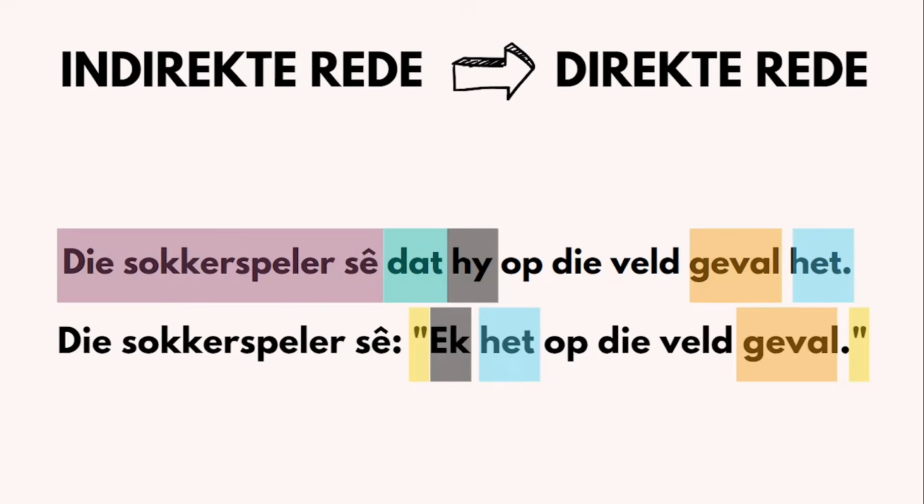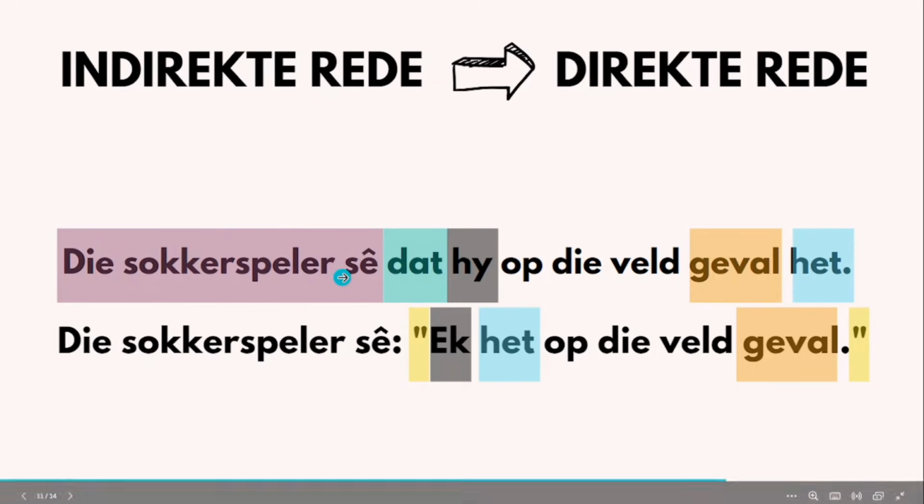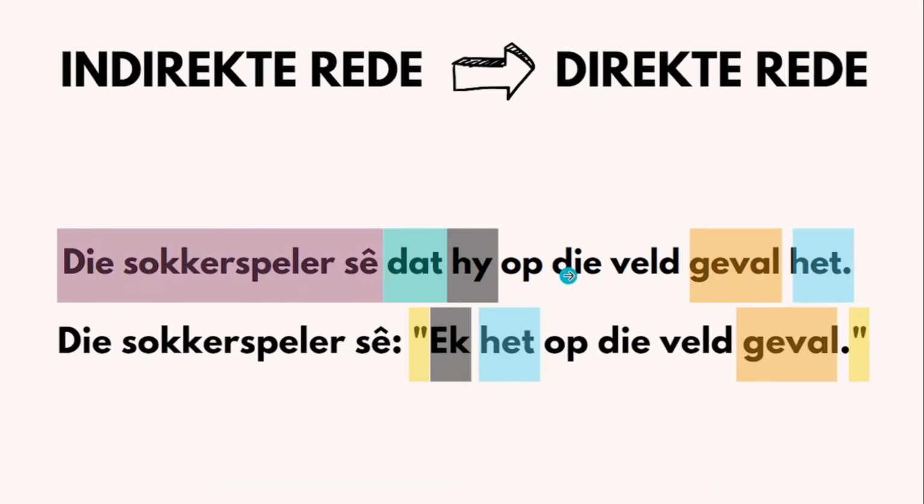Let's move on. If you're moving from indirekte rede to direkte rede, then you need to basically just do what you just did. Okay, like the same steps you followed from the one side, you must take the same steps back. So what you will receive is die sokkerspeler sê dat hy op die veld geval het.